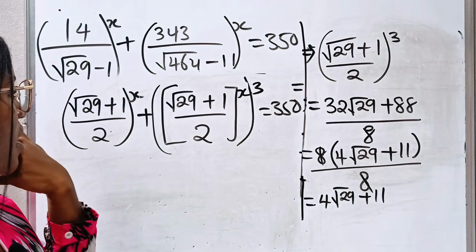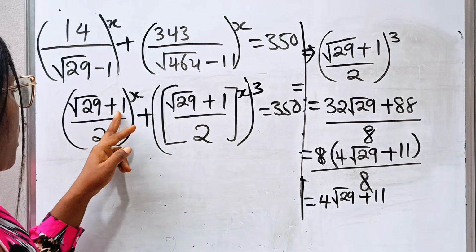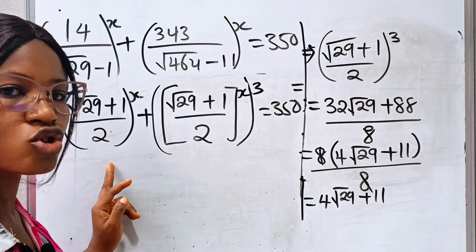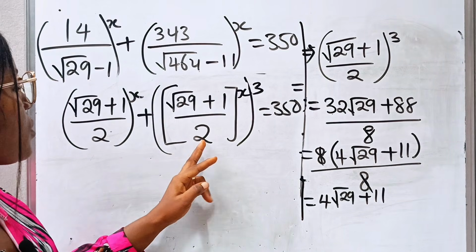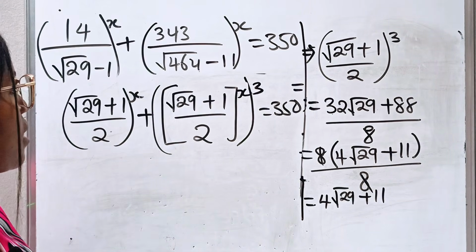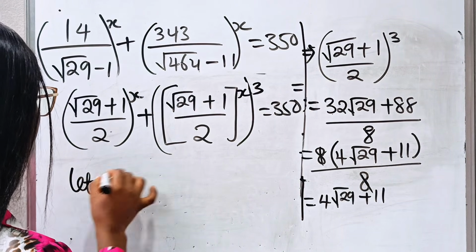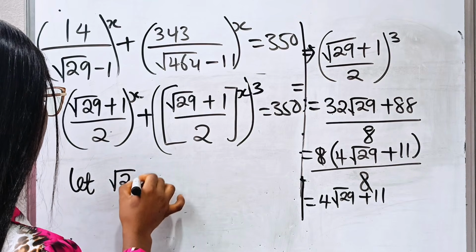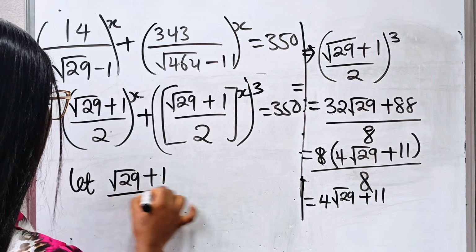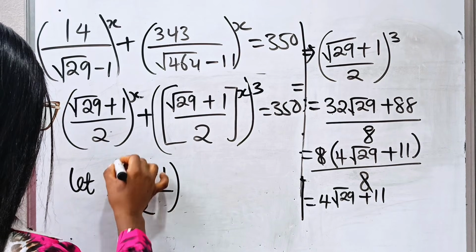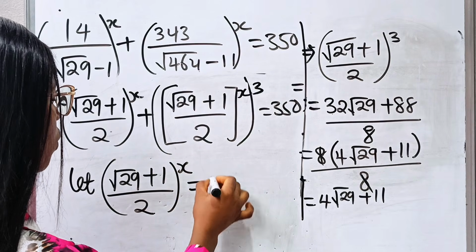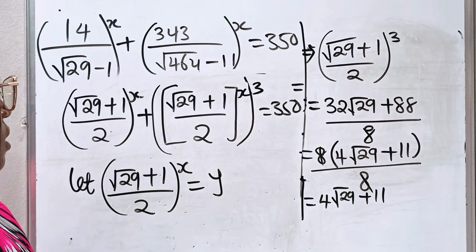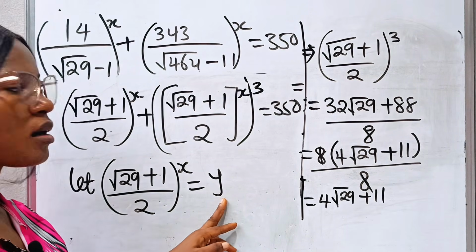So you can see from here that square root of 29 plus 1 divided by 2 is common between this and this. So we can say let square root of 29 plus 1 divided by 2 raised to the power of x be equal to y. So we can call this y.